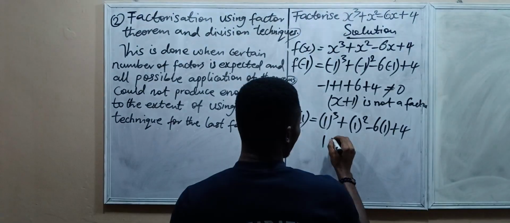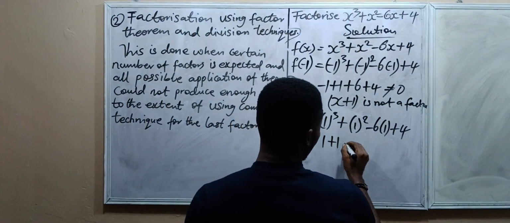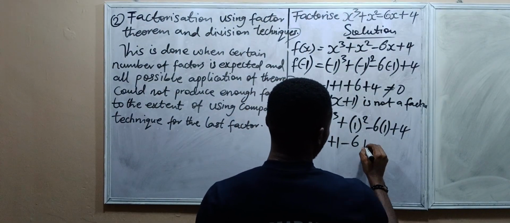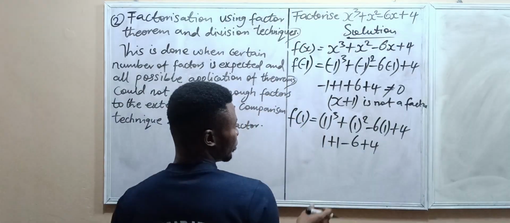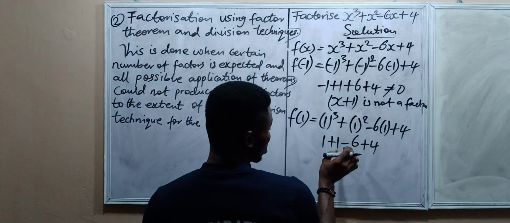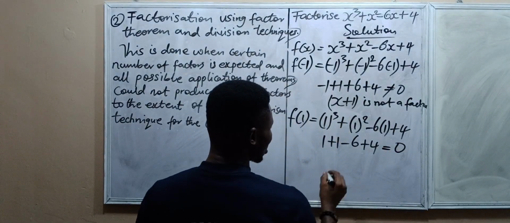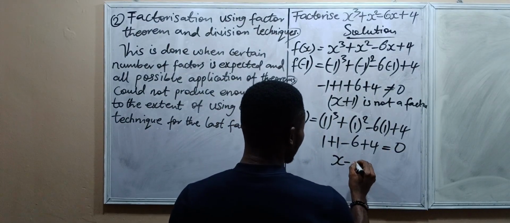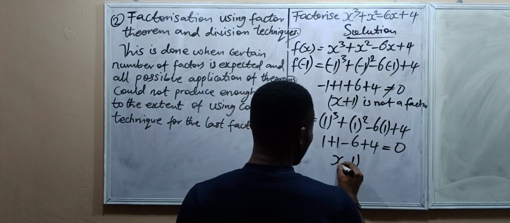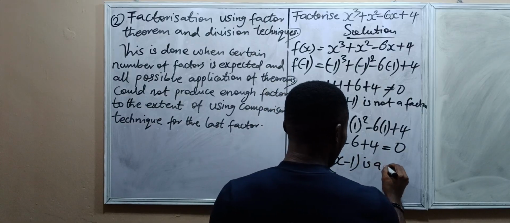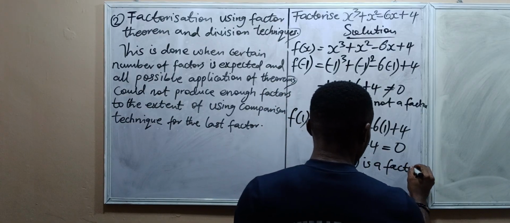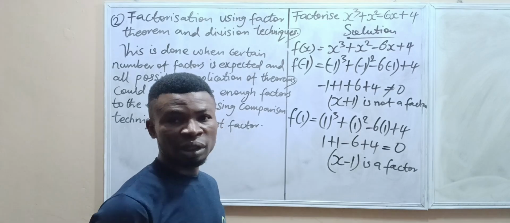And this will give us 1 plus 1 minus 6 plus 4. And if you notice, 1 plus 1 is 2, 2 plus 4 is 6, and 6 minus 6 is 0. So this is equal to 0. That means x minus 1 is a factor. So we've gotten one of the factors.